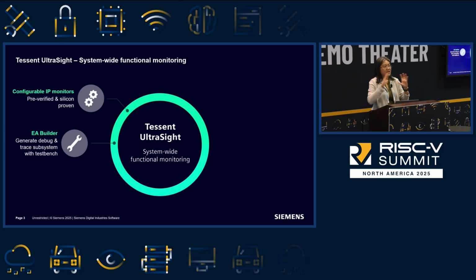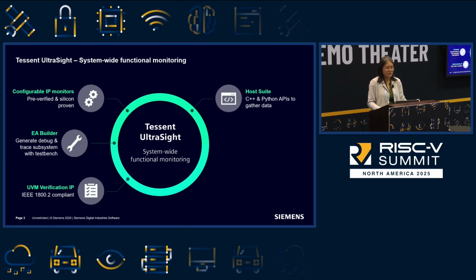Therefore, you are generating a debug and trace subsystem, if you will, that you can easily integrate within your system on chip. With this generation of subsystem, it also comes along with the test bench for that subsystem. It also comes with the UVM verification IP that is IEEE compliant.